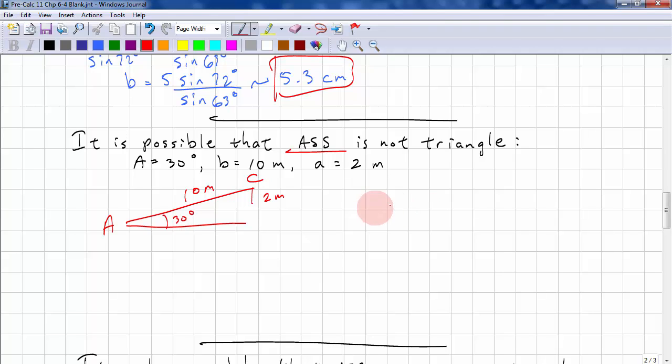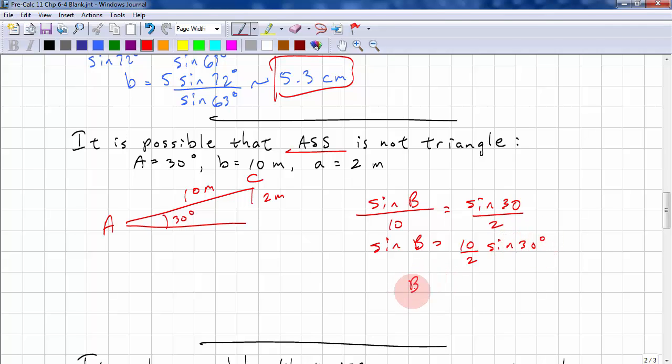If we try to use the sine law, sine B, so we're trying to find angle B, and we have 10. And for A, we know we have sine 30 over 2. So sine B equals 10 over 2 sine 30.